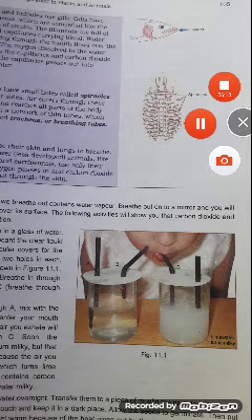Now, let us discuss some organs of respiration which we observe in various living organisms. First of all, lungs. If we consider all vertebrates, animals with backbones, except fish, they use lungs to breathe.